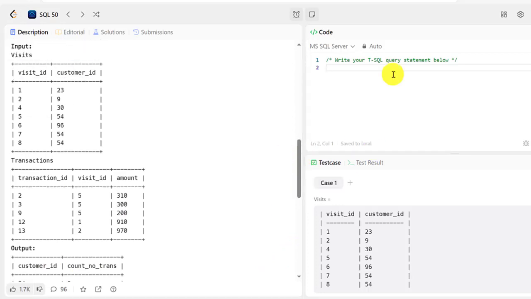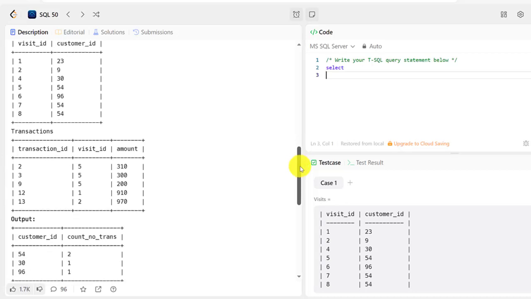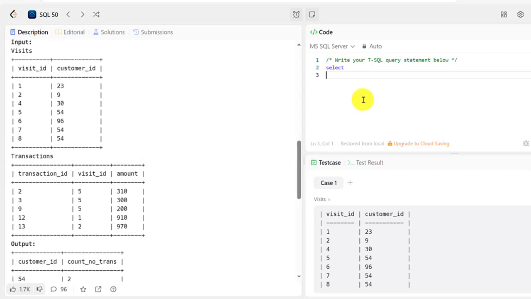Okay, so we can now write our SQL statement here. So we are just gonna say select. So what is the output? We are selecting customer ID and count number of transactions. Okay, so customer ID, let's just select customer ID. And let me get back to that count once I'm done with this. And then I'm gonna select from my visits table.